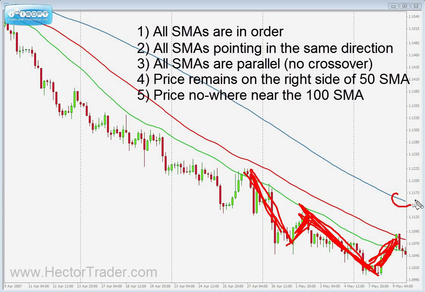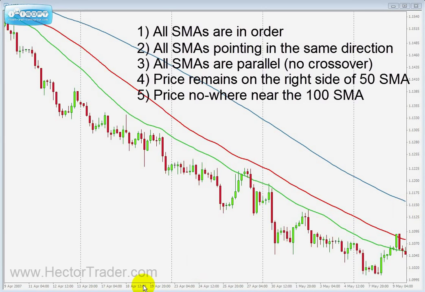If we were to reach the 100, as you can see, the pullback would have been way too deep. The pullback would take quite a deep bite into the trend, and that usually is a signal, an early indication that the trend is actually weakening.